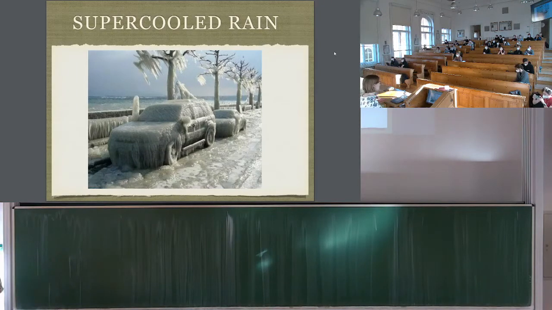This is somewhere in China. I heard you can also see this phenomenon of freezing in Chicago, next to Lake Michigan. That's when the rain gets supercooled in the clouds. And the moment it hits a solid surface, there are always some impurities on the solid surface. It freezes and creates this crazy looking frozen rain.